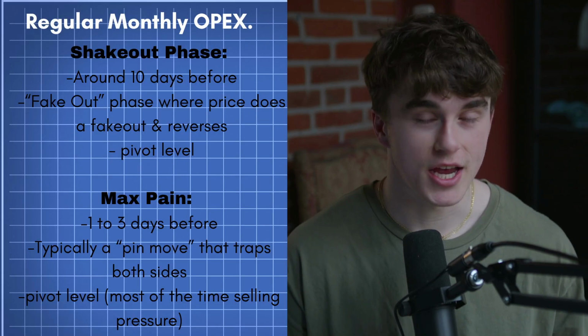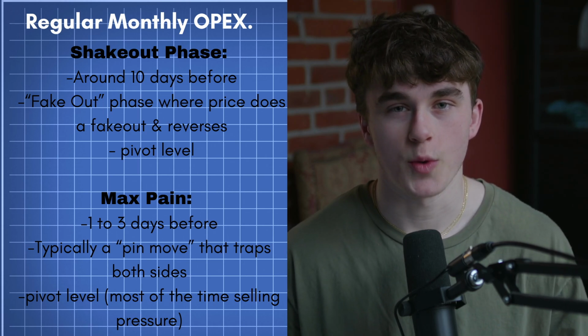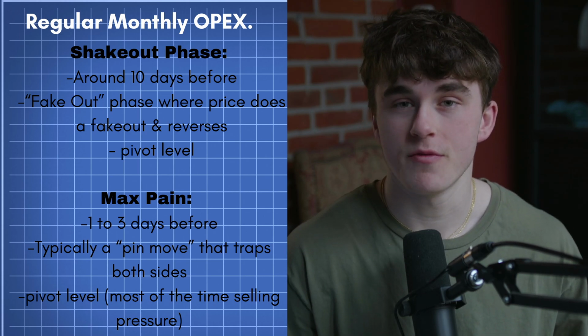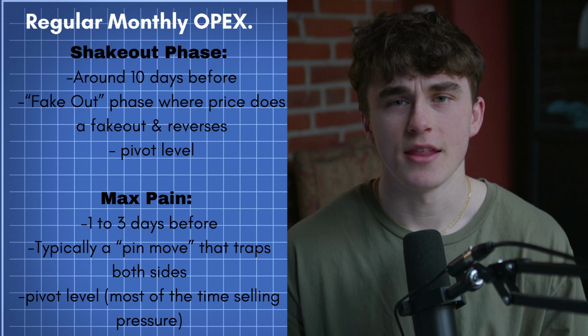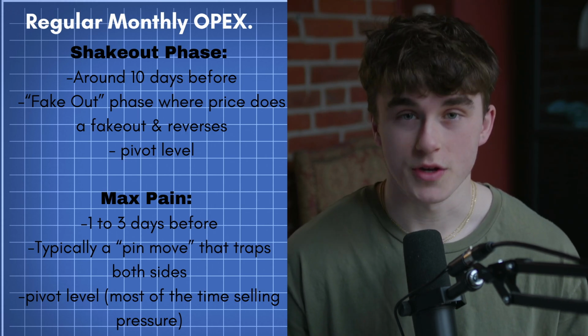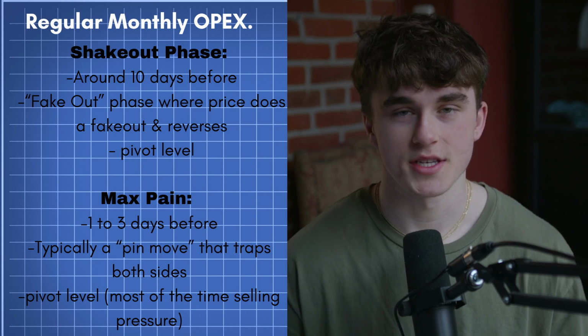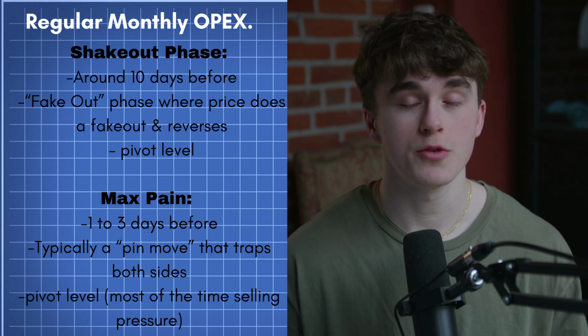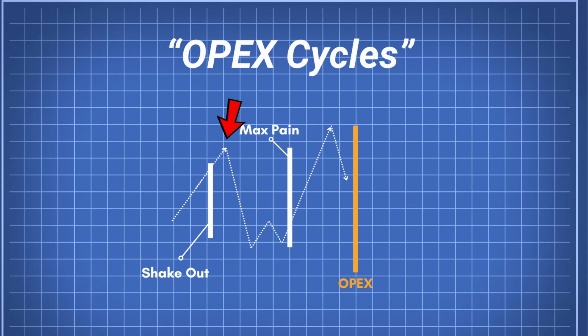But for regular monthly expirations, you can expect the shakeout phase to happen 7 to 9 days before expiration, and the max pain phase to start 1 to 3 days before expiration. The differences in characteristics between these two phases are quite simple. The shakeout phase can also be called the fakeout phase. It carries a fakeout, like the name suggests, and what you can expect is some sort of fakeout in one direction or the other.